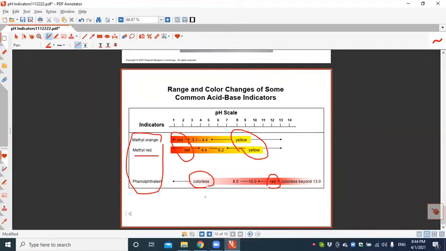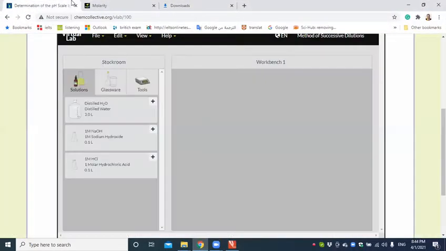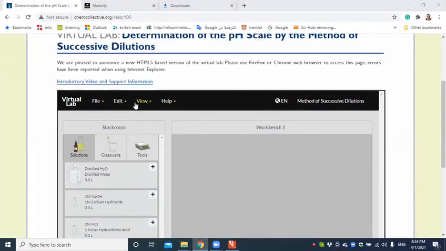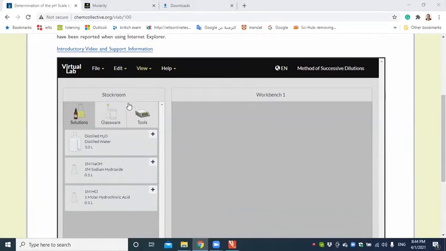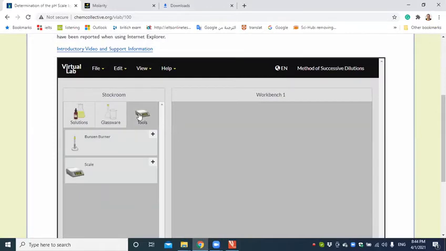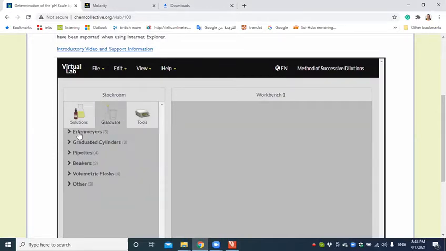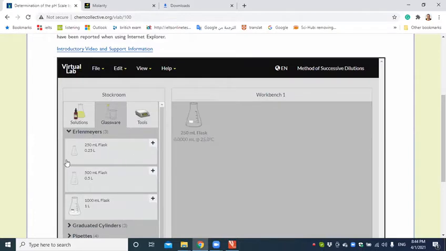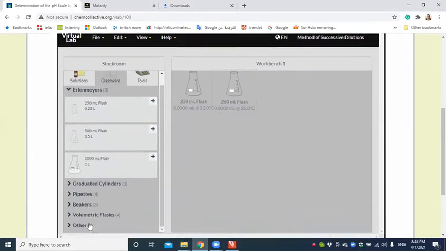Now we need to go to our virtual chemistry lab. Here we choose the solutions and the equipment, and tools like a scale or Bunsen burner if needed. We need 2 Erlenmeyer flasks, for acid and base, and 2 beakers.